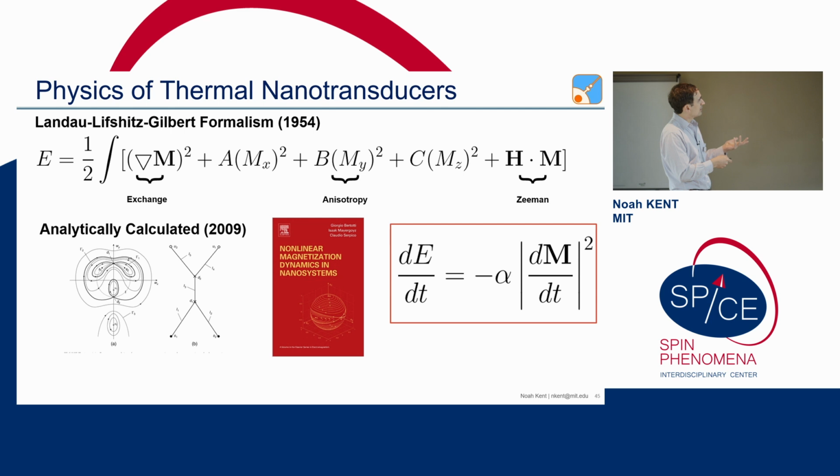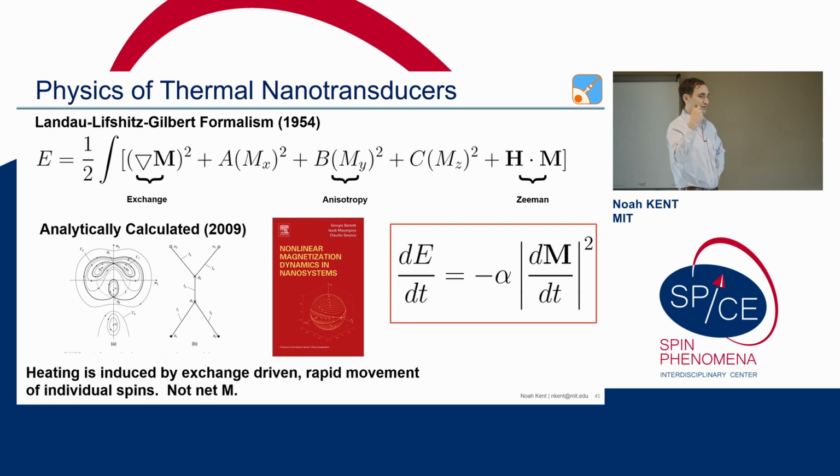This is just like velocity-dependent frictional energy loss, right? If I throw a baseball, the energy loss is very similar to this. It's dependent on v squared times some constant. So on a very fundamental level, heating is induced by rapid movement of individual spins driven by exchange.